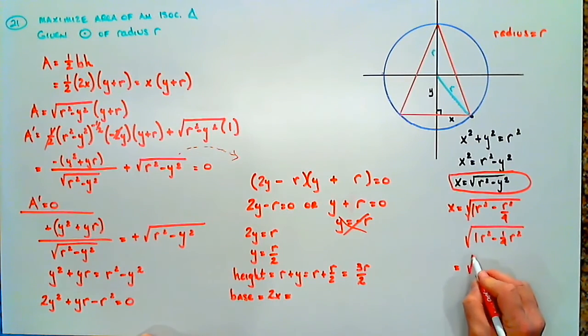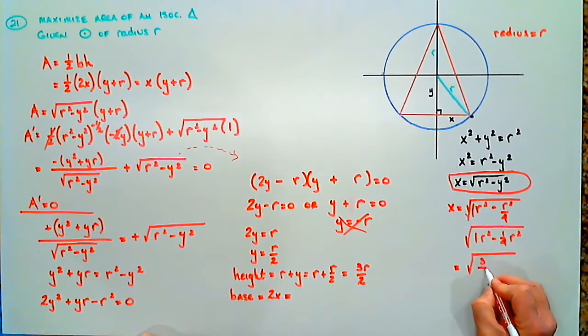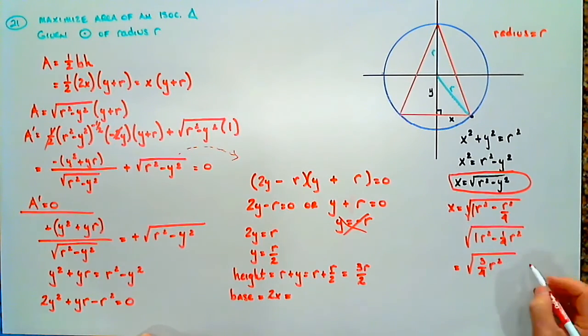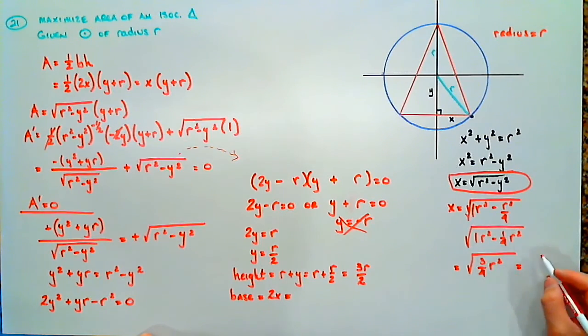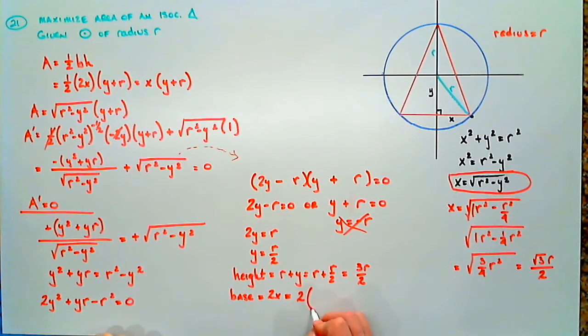Well, that gets us the square root of 3/4 r squared, which simplifies. Square root of 4 is 2, the square root of r squared is r. And then we get square root of 3 all over 2. Now that's x. Our base, however, is 2x, so our base is 2 times the square root of 3r over 2, or our base is root 3r.